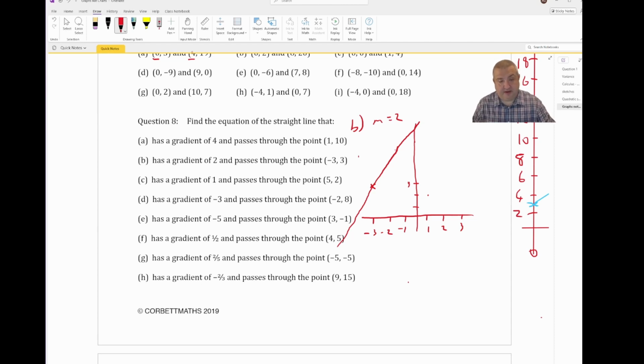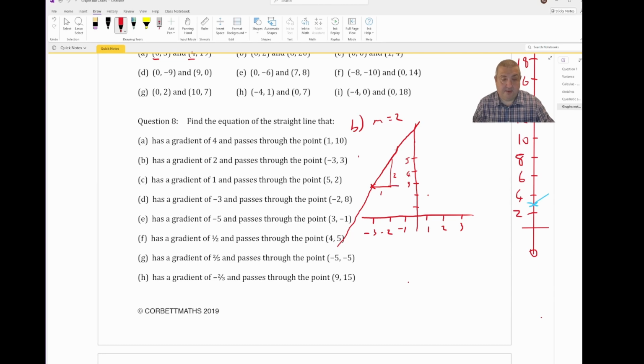So we know that every time it moves along 1, it goes up 2. So this is 1, and this goes up 2. So from -3 to -2, we're going from 3 to 5.